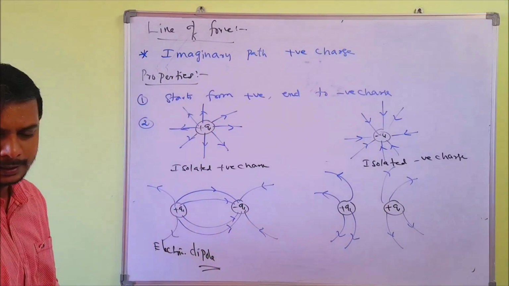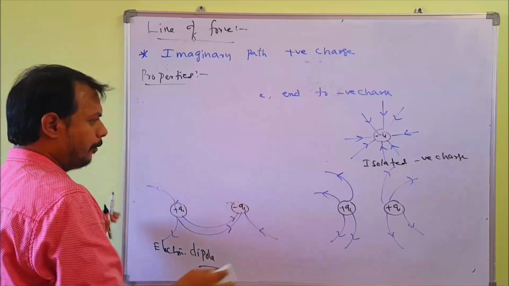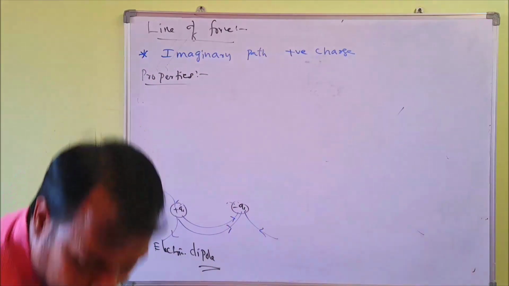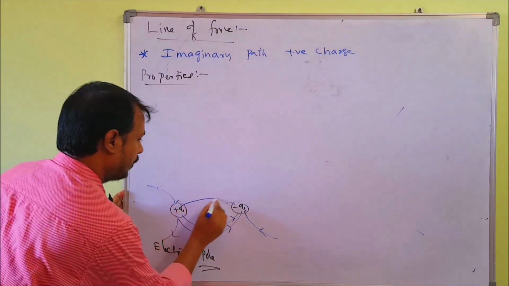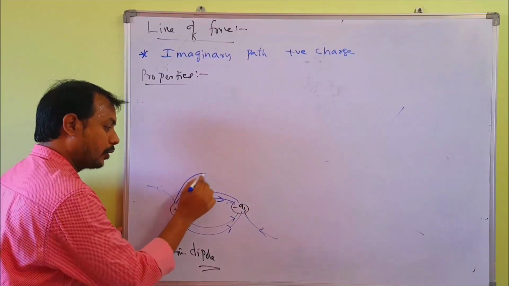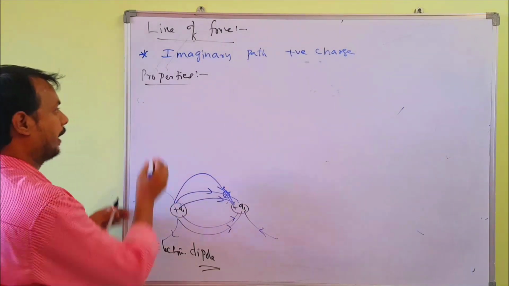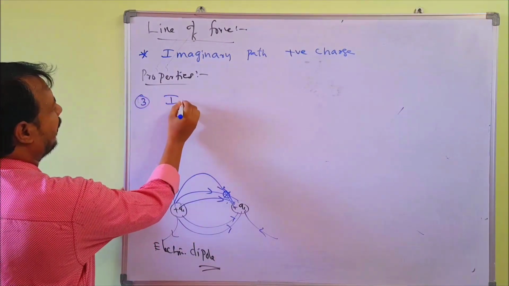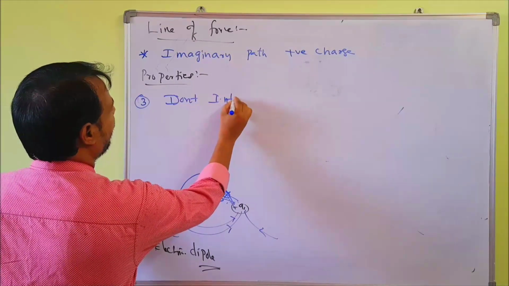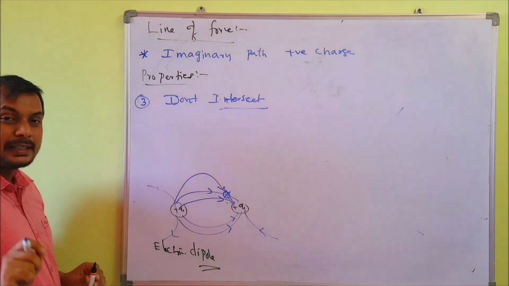Now the next property: these lines of force never intersect, they do not intersect. This is the third property. If they intersect, what happens?